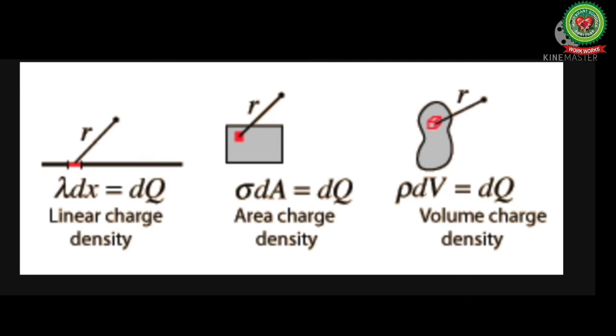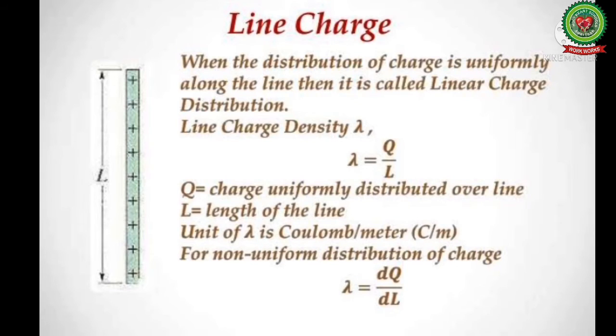Electric field intensity due to a continuous charge distribution can be calculated using the following terms. The first one is linear charge density. Second one is area charge density. And the third one is volume charge density. Now let's start with the first one.